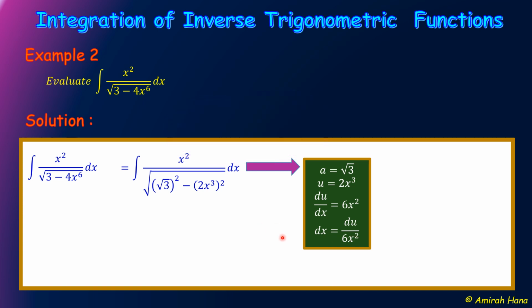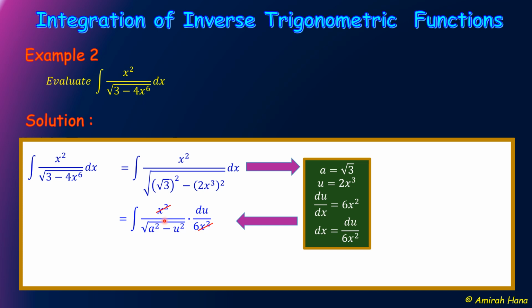After that, we substitute back into the given question in terms of a, u, and du. So we have integration of x squared over square root of 3 squared minus (2x cubed) squared, and we replace dx with du over 6x squared.